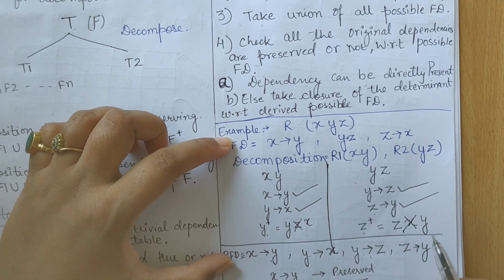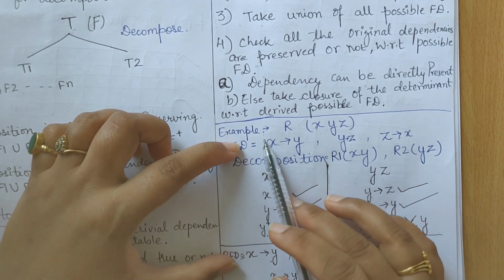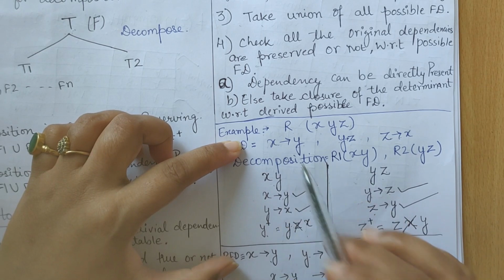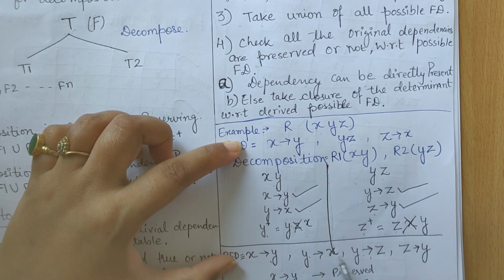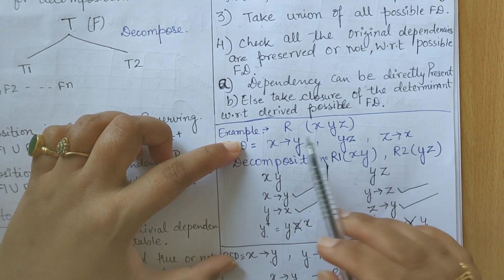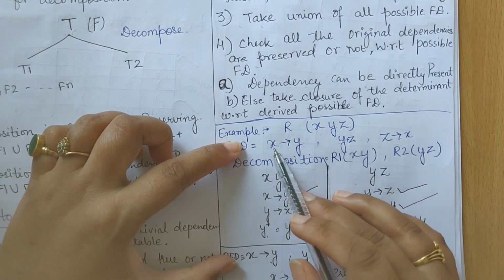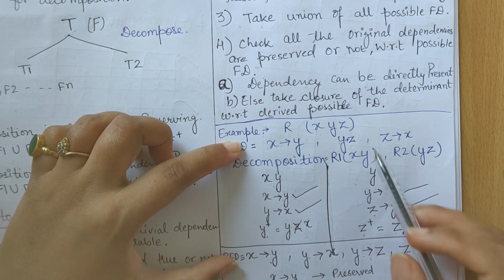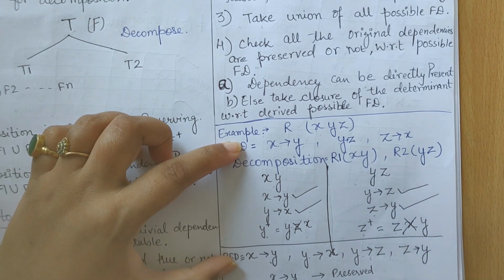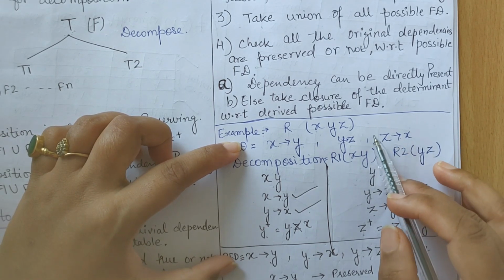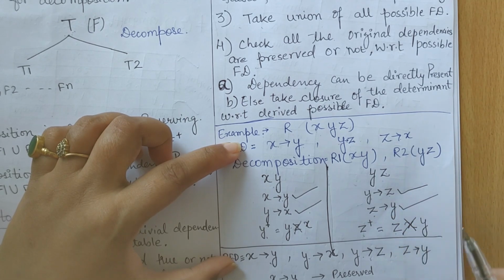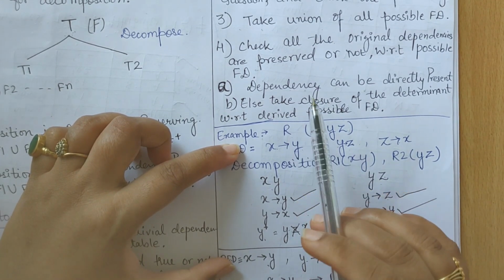So what we have to do? Right now we are only bothered about the original dependencies. I should get all the dependencies here. So Y determines X is already preserved. X determines Y is already preserved. Y determines Z is already preserved. Now I have to check for Z determines X, which is not directly present. So check the B point, what it is saying.